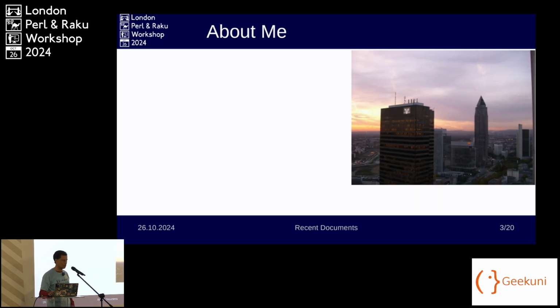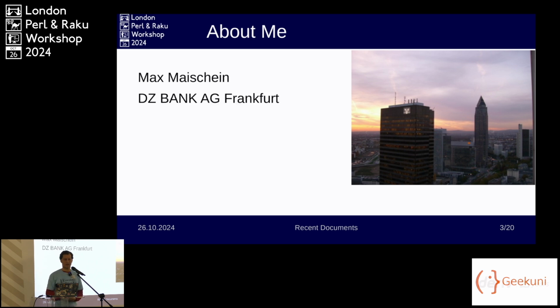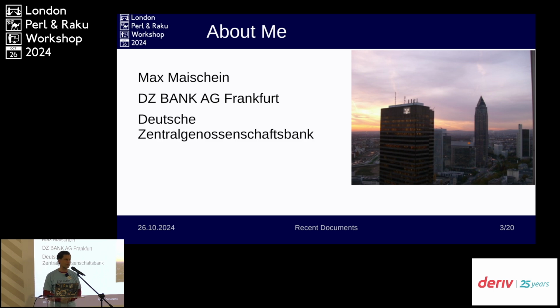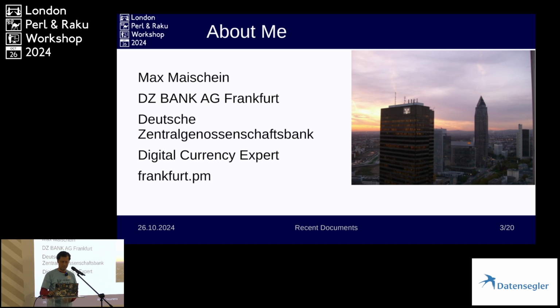Who am I? My name is Maischein. I work for the DZ Bank AG in Frankfurt, the Deutsche Zentralgenossenschaftsbank. You don't know it, it's the central bank of the cooperative banks in Germany. And there I am a digital currency expert, so I don't do any more Perl at my workplace, but I do Perl as a hobby because I'm a board member of the Frankfurt Perlmongers.